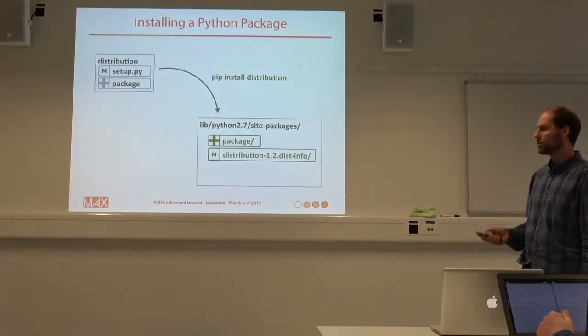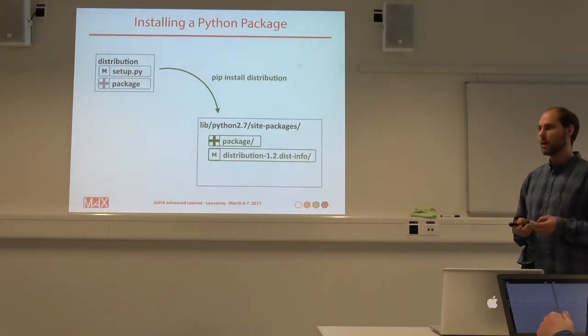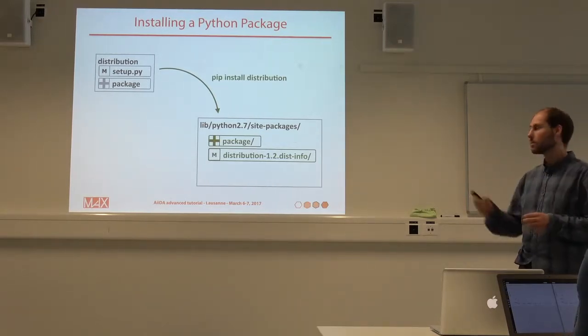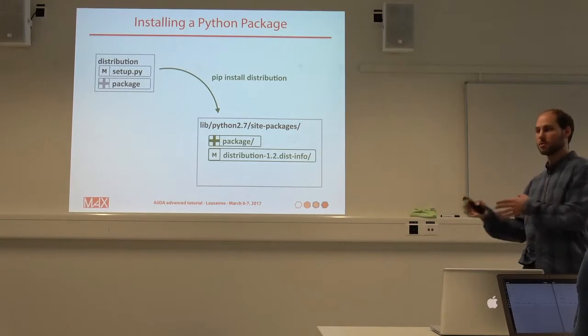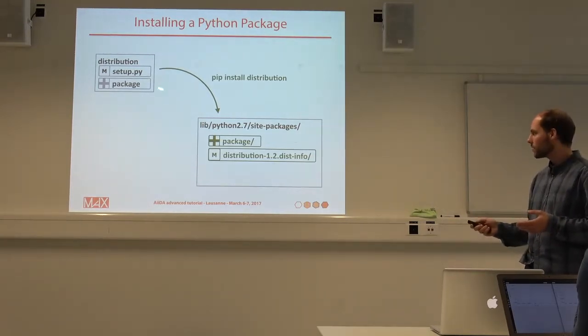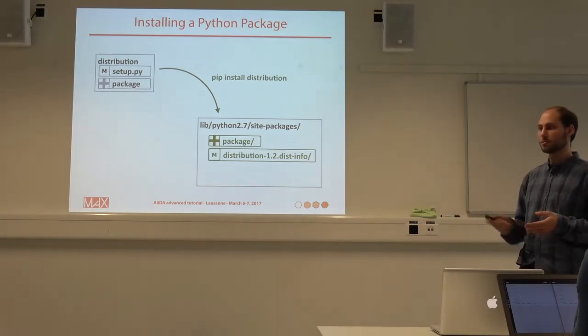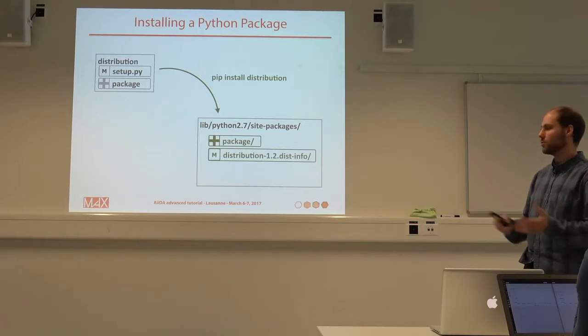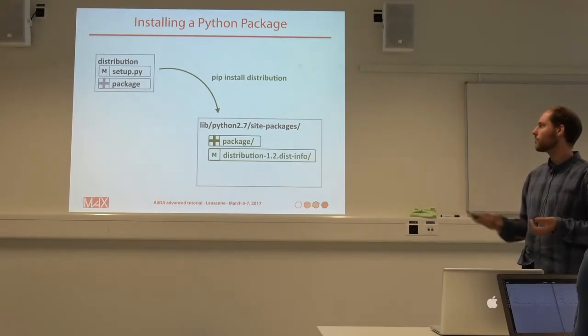A distribution is also often called a package. It's basically the package and something around it that tells pip what and how to install it. For example, the dependencies we saw, they are defined in this setup.py file, and together with the package, I will call it distribution to differentiate between the two.